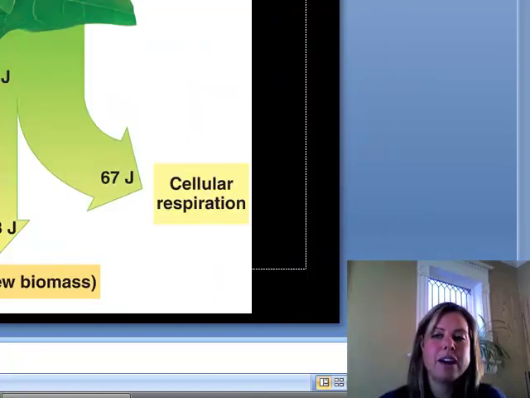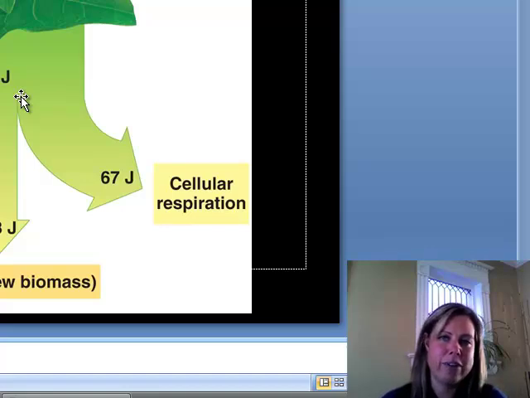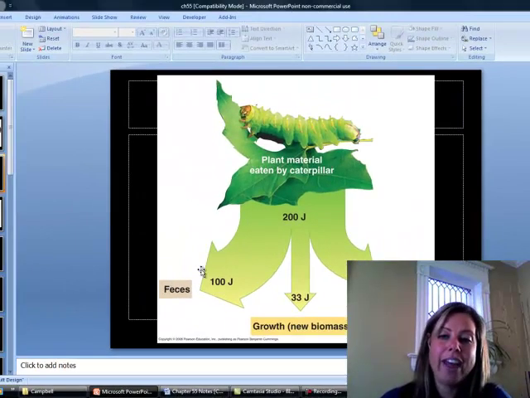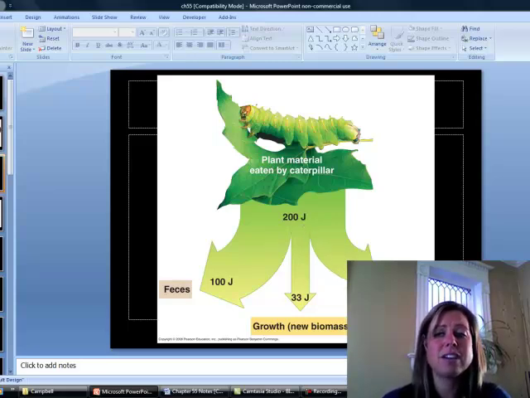If you look at this caterpillar, it's eating plant material, about 200 joules. Joules you can think of like calories for what we're worried about. Half of that is going to go into feces, so half is coming right back out of that organism. Then 67 of that 200, which is quite a big amount, is going to be used just to keep that organism alive.